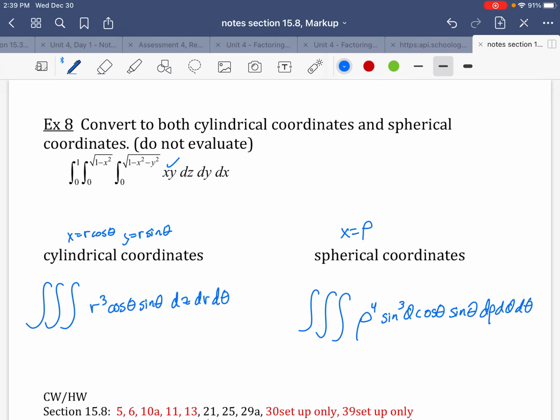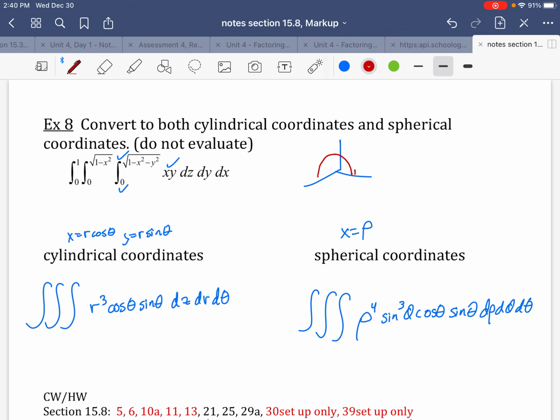Now, let's talk about the boundaries. Up here, z was staying from 0 to this right here. That top one is the upper part of a sphere of radius 1.